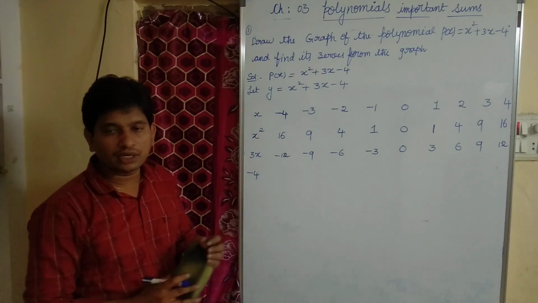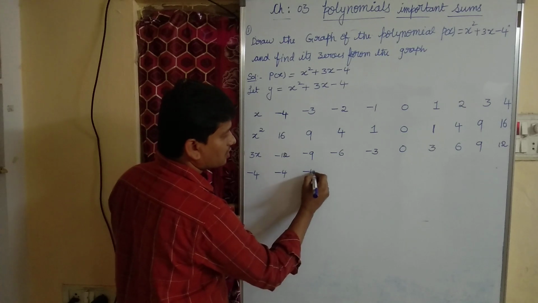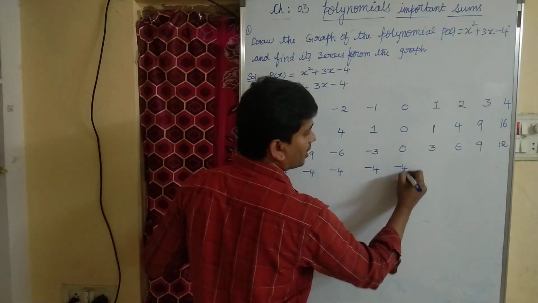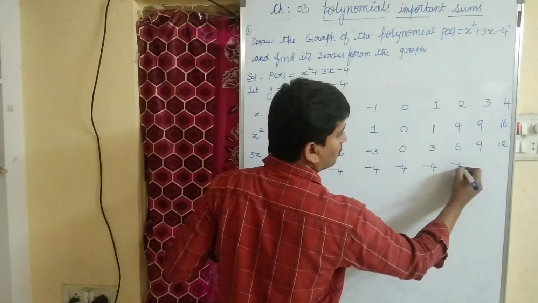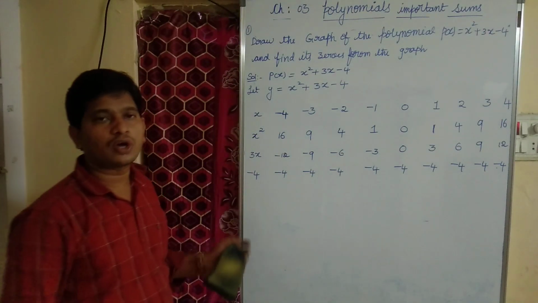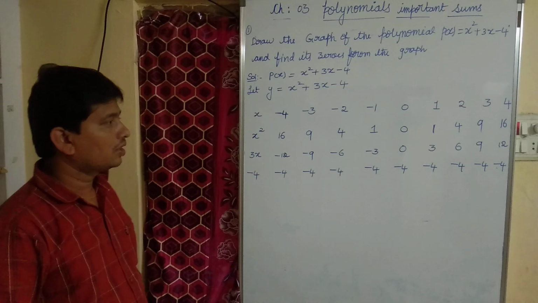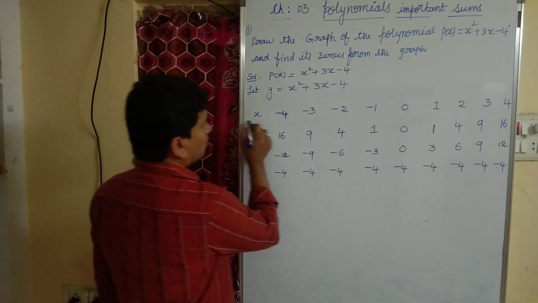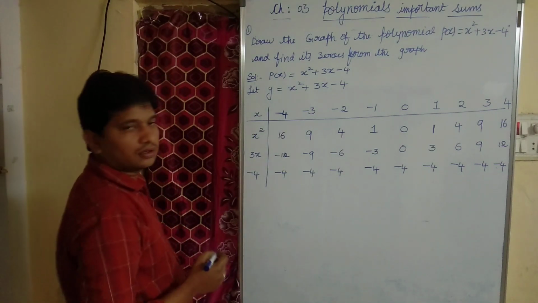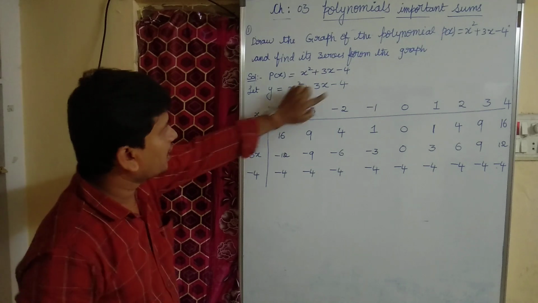And what is the constant term here? Our constant term is minus 4, minus 4, minus 4 in every case, because it is a constant. It does not change its value, right? So we got 3 terms: the x square term, the 3x term and minus 4.